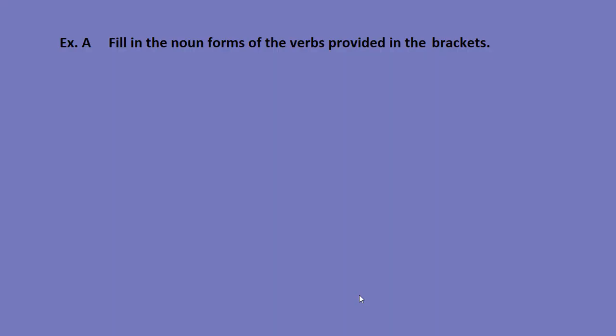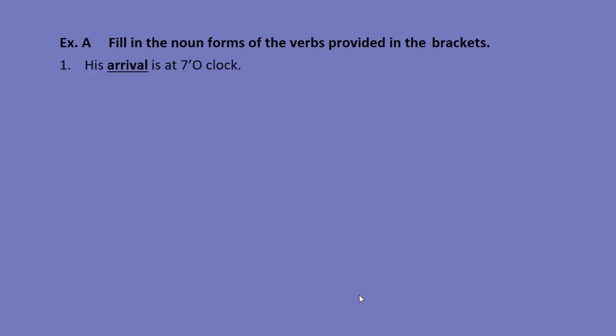Here you will see exercise A. Now we shall see the answers. You have 1 minute to think and solve exercise A. Now we will solve exercise A and check the answers one by one. You have 1 minute to think and look at exercise A, and then fill in the noun forms of the words provided in the brackets.